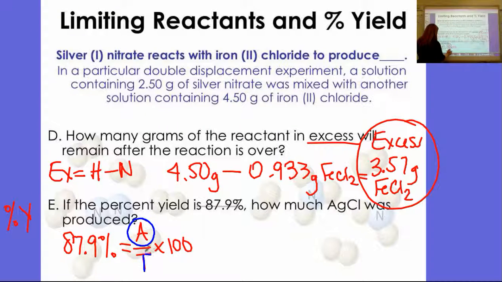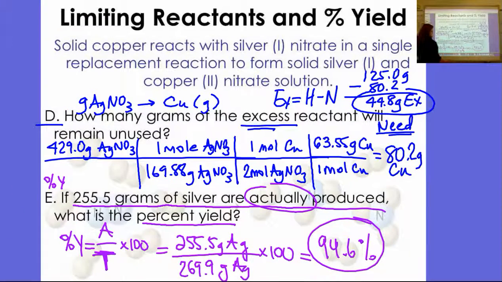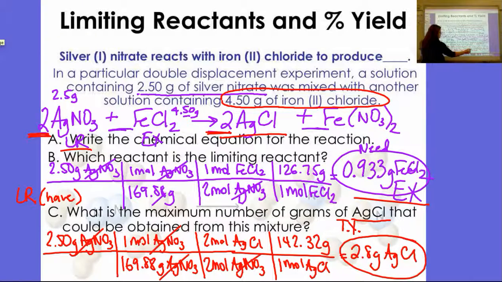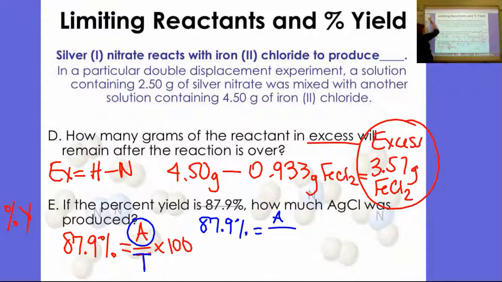I calculated my theoretical back on the other page. So 87.9% equals A over, theoretically I should have produced, 2.8 grams. So if it was 100%, I would have produced 2.8 grams, but I didn't. 87.9%, I lost a little bit.